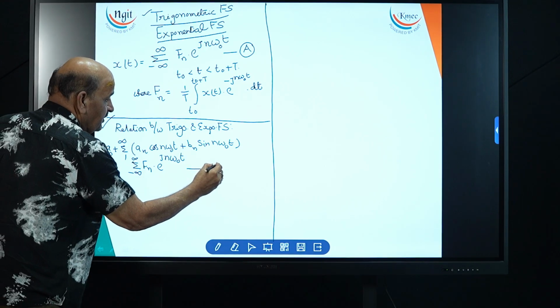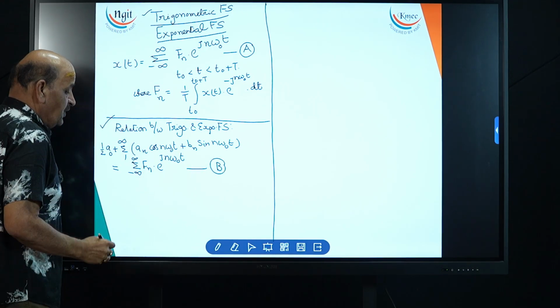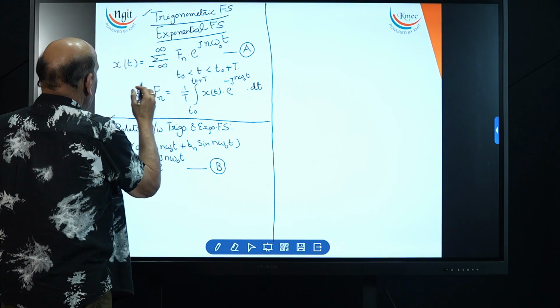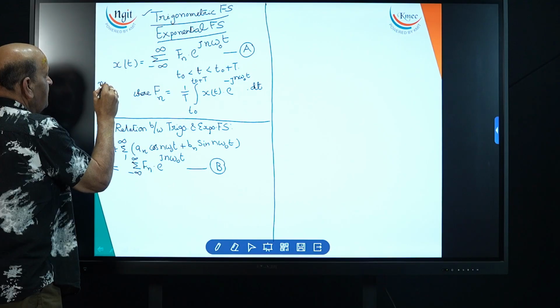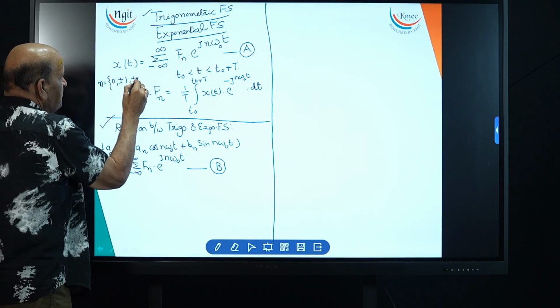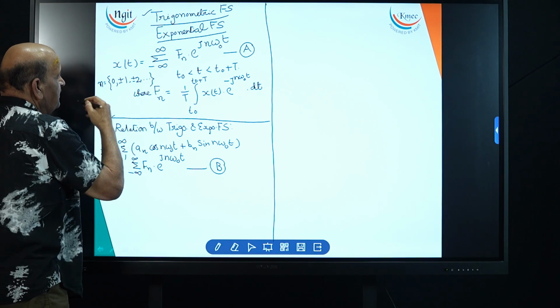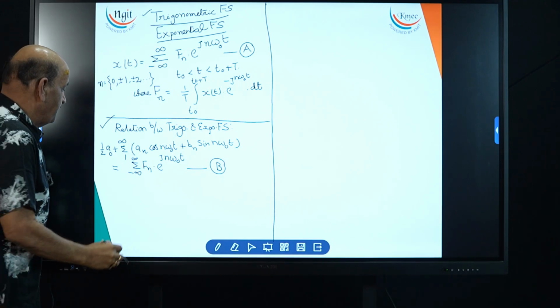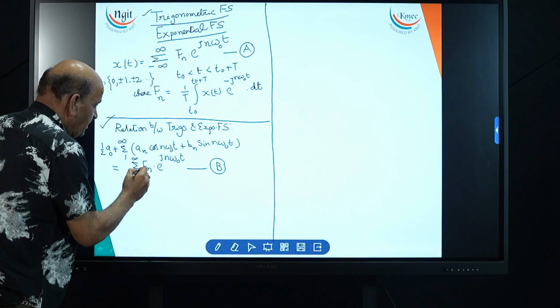This is the relation; both are the same. One more point: n belongs to 0, plus or minus 1, plus or minus 2, like that. For all integers it covers.